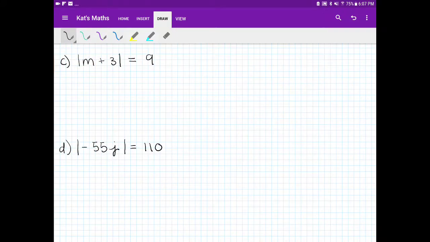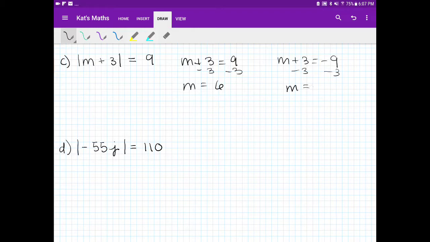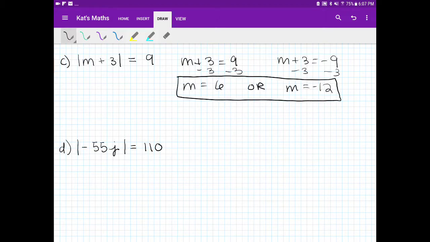So let's try this next one here. Again, set it up. m plus 3 equals 9 or m plus 3 equals negative 9. So we're going to go ahead and just minus that 3. m equals 6. Minus the 3, minus the 3, m equals negative 12. So you have m equals 6 or m equals negative 12.